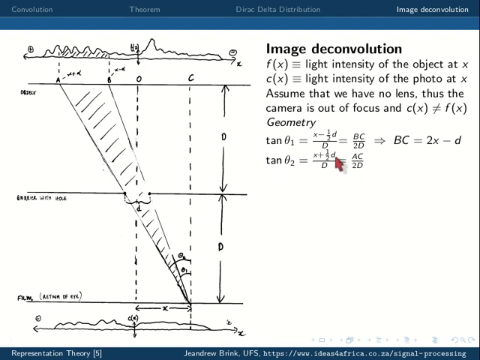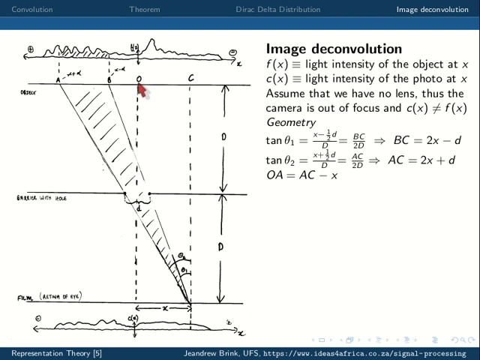So that's just the geometry of the image, and eventually it gives us that AC is equal to 2x plus d. And the next thing we want to measure, so O is our origin, the center of the image, and it's always useful to write your coordinates in terms of that.